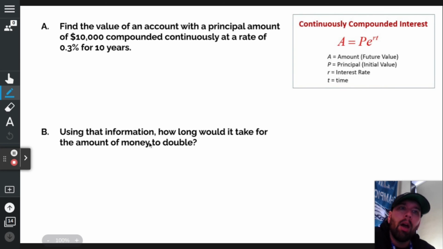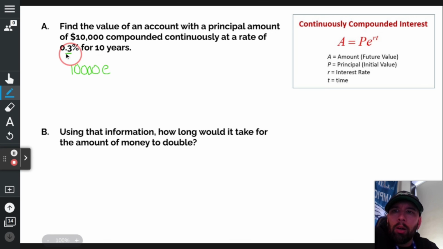Last slide. PERT. Find the value of an account with a principal amount of $10,000 compounded continuously at a rate of 0.3% for 10 years. So this is the continuously compounded interest formula. I'm going to plug into my calculator 10,000, because that's my principal, times e to the.